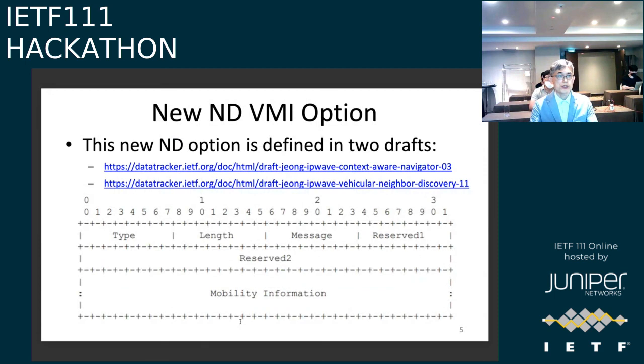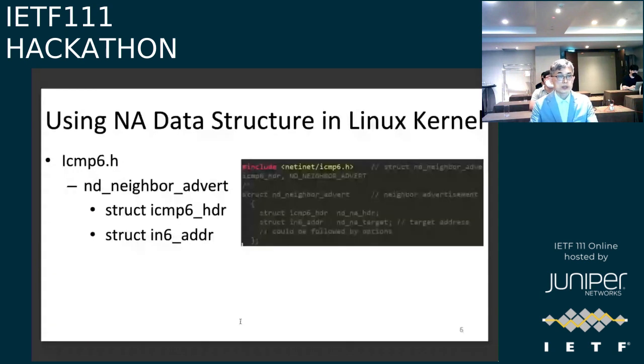This figure shows our new ND VMI, vehicle mobility information, option. This option is described in the following two drafts. This shows the Linux kernel ND data structure, basically using the existing Linux ICMPv6 neighbor advertisement message, and then we can construct the VMI option message.